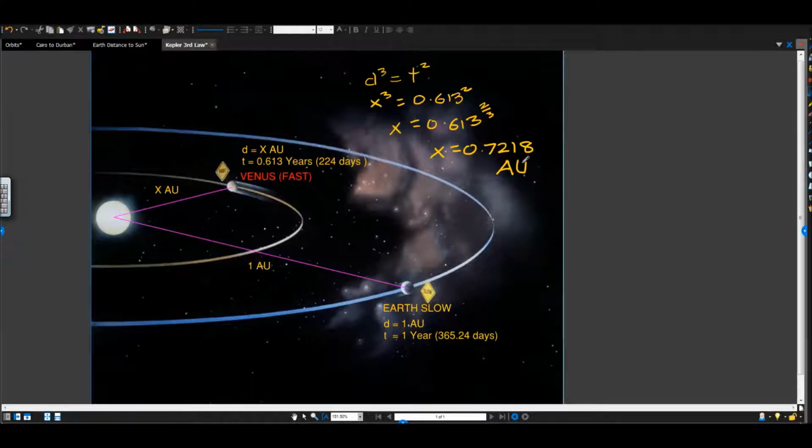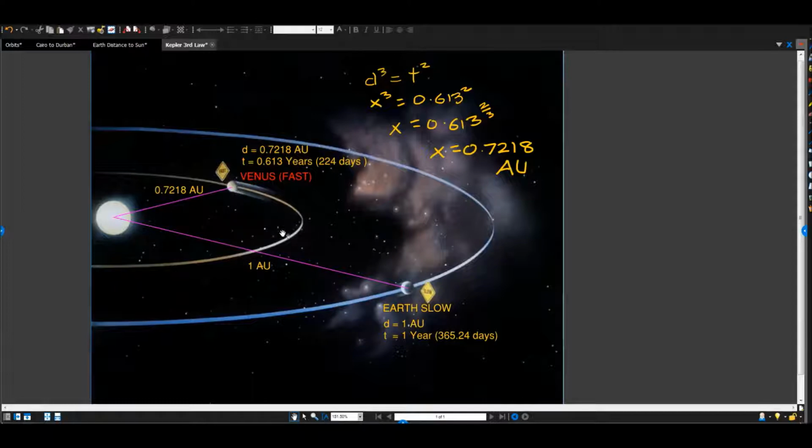So that's some useful information. We find that D is equal to 0.7218 AU. In other words, it's not apparent from this because it's not to scale, but the distance from here to here is 72% of the distance from here to here.